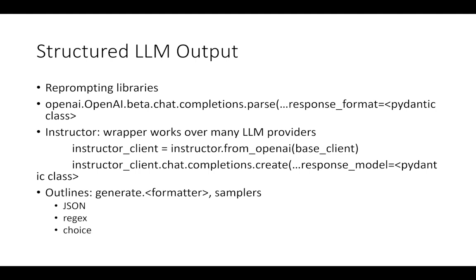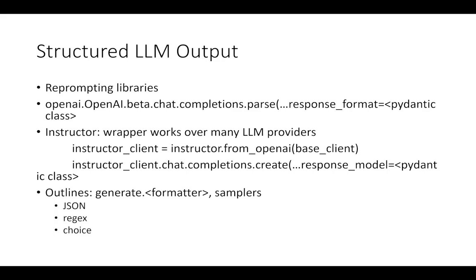There is a native OpenAI API for this, or there is a wrapper called Instructor, right? Now the advantage of this is it works with many LLM providers, not just OpenAI, which supports it natively. Okay. Now there is an even more powerful package called Outlines, right?